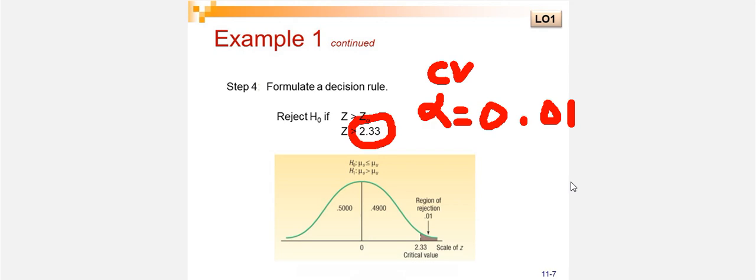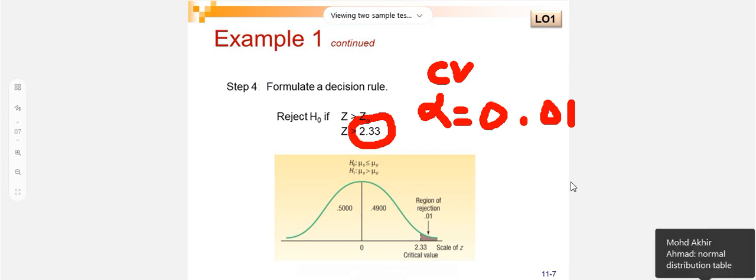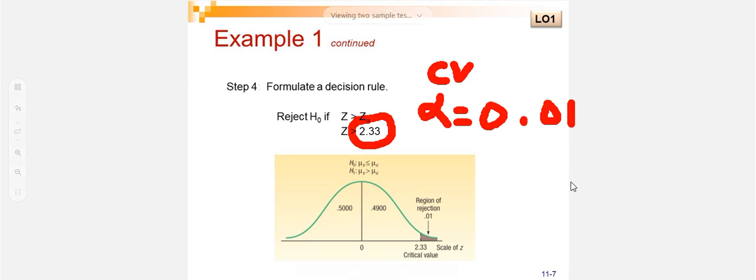What table is it? Who can help, type in the chat? Normal distribution table. Then how do we find 2.33? If we have the table in front of us, how do you find it? Can you give some ideas?